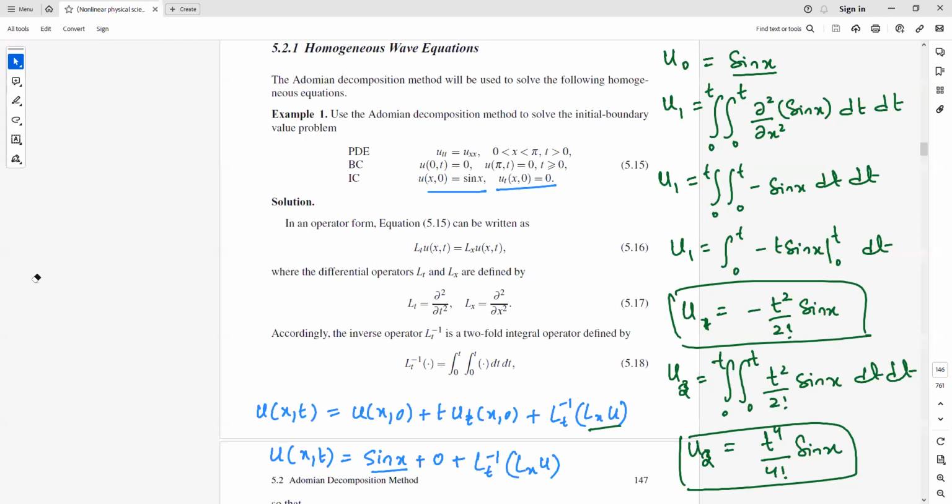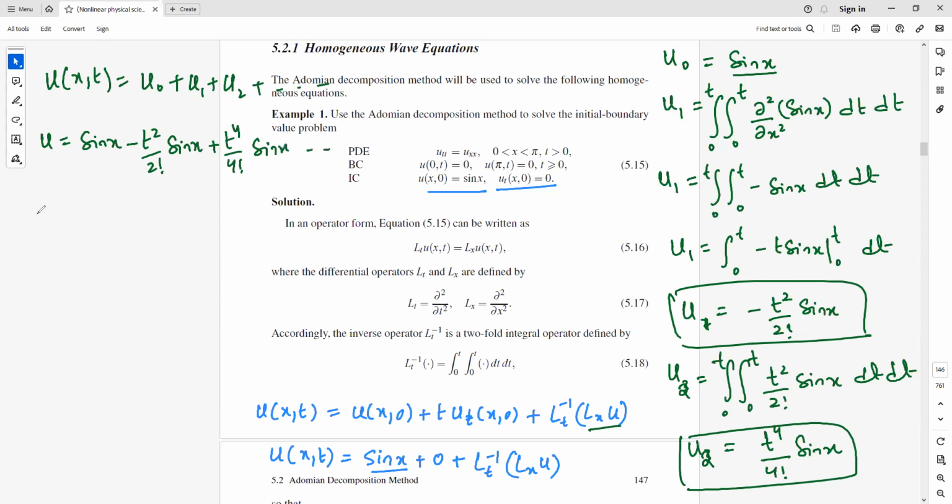Therefore, the function u(x,t) is nothing but the series expansion of all these u functions. Therefore, if we collect all the terms, we have sine x, and then u1 is negative t squared over 2 factorial sine x, and then positive t to the power 4 over 4 factorial sine of x, and so on.